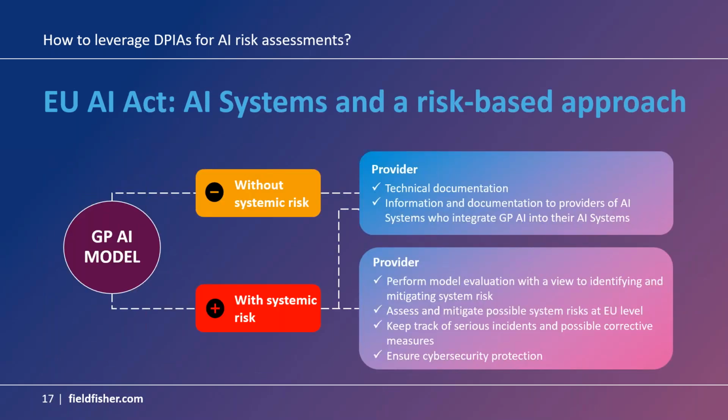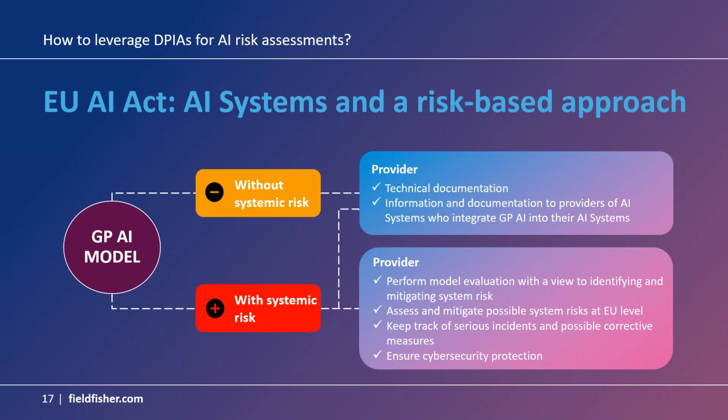So before I hand over to Diego, who will look at AI system risk assessments through a DPIA lens, I just want to flag that there are other assessments under the EU AI Act that need to be considered. One such example includes general purpose AI models. This requires an understanding of whether or not the model imposes a systemic risk.